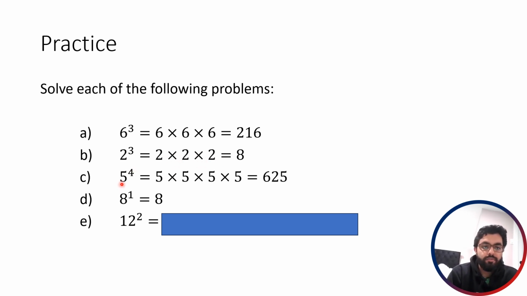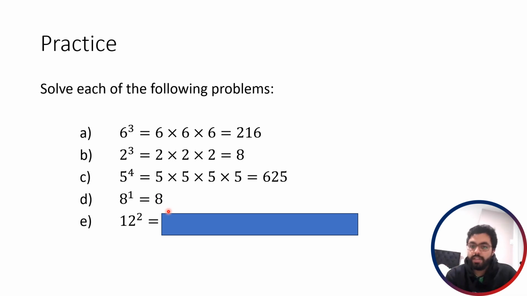In 5 to the power 4, we have to write out the number 5 4 times with multiplication signs in between. 8 to the power 1 means you have to write the number 8 once. And that's it. There's no concept of putting a multiplication sign in between anything because there's only one number. So that's the end of the problem.